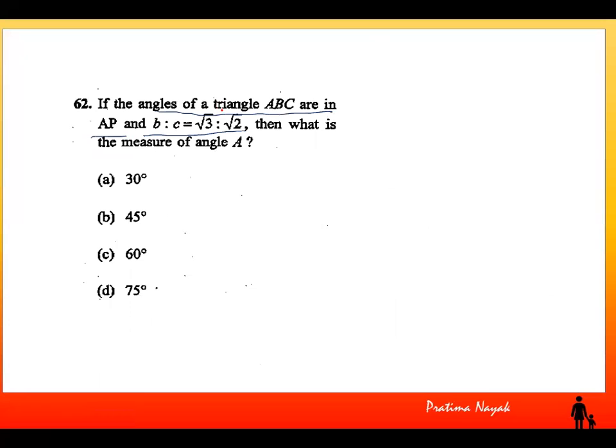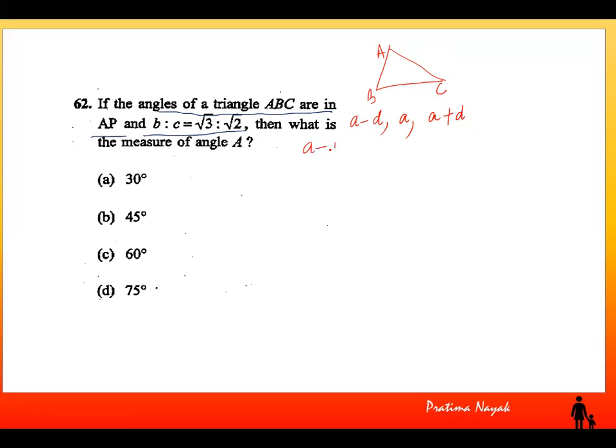Next, if the angles of a triangle ABC are in AP and b is to c is root 3 is to root 2, then what will be the measure of angle A? So in a triangle, the angles are in AP. When they are in AP, I can take the numbers in this simple way: one is A minus D, one is A, one is A plus D. And their sum is 180 degree.